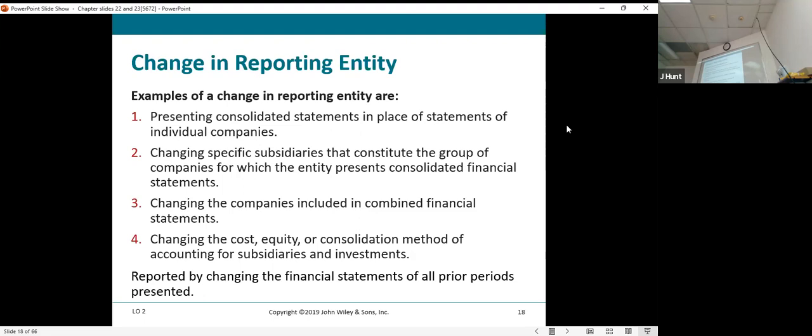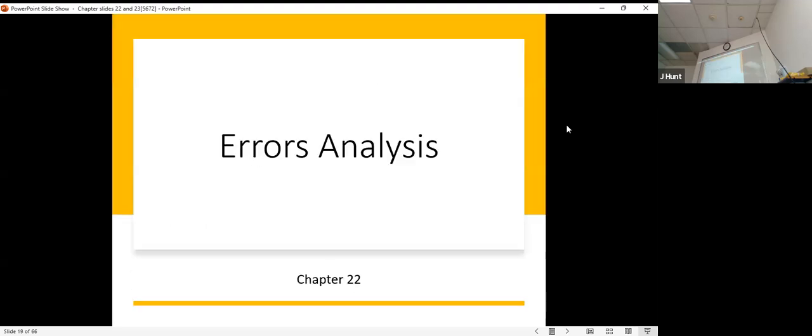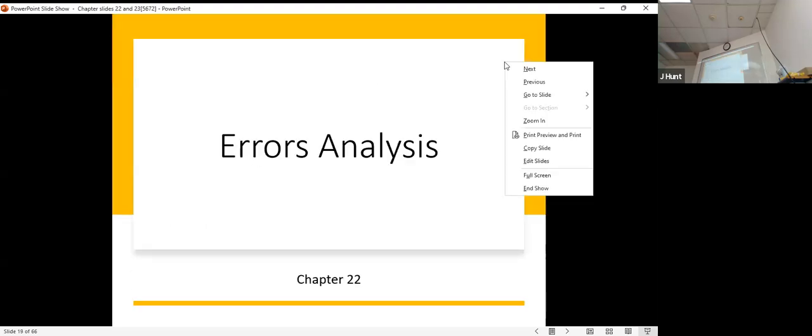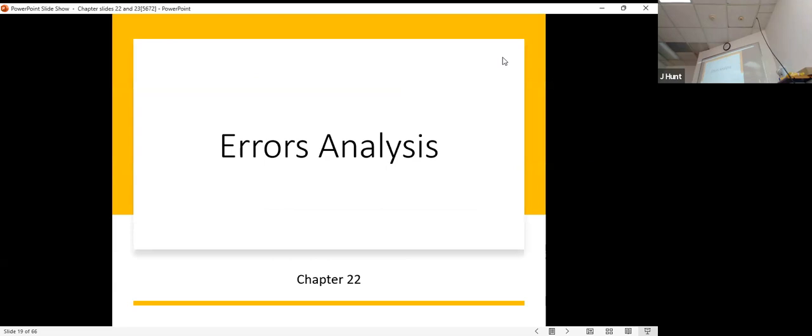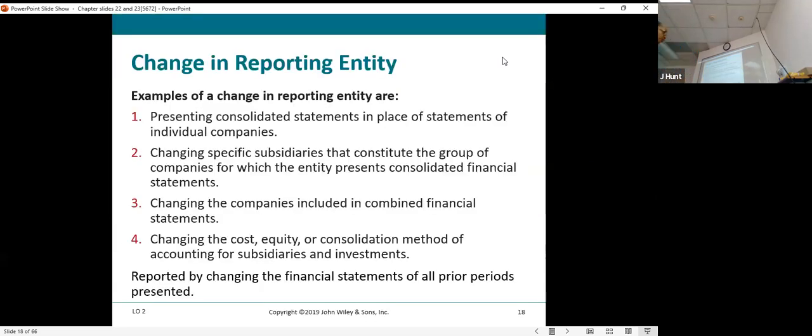So as I indicated, it's reported by changing the financial statements of all prior periods presented. So that ain't a light thing. If you go and change, you have to change all the prior periods.